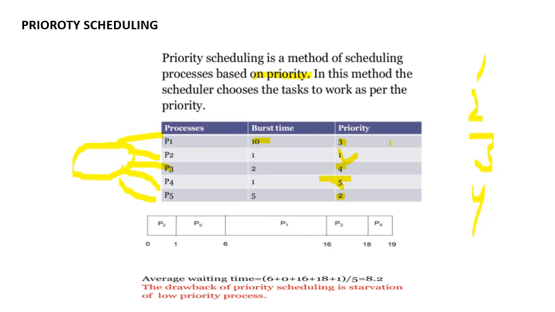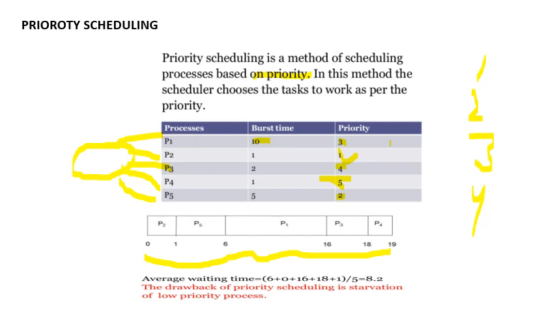For process P3, 16 milliseconds is the waiting time, and for process P4, 18 milliseconds is the waiting time. For process P5, the waiting time is 1 millisecond. Based on all these waiting times, you can calculate the average waiting time.